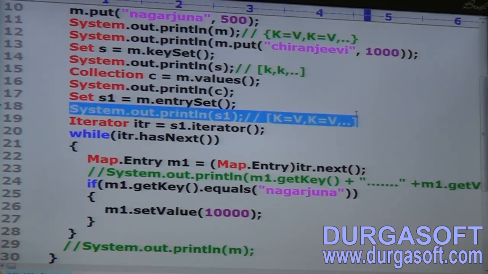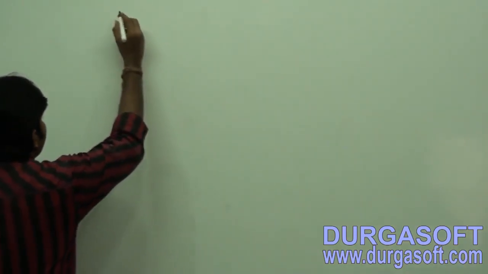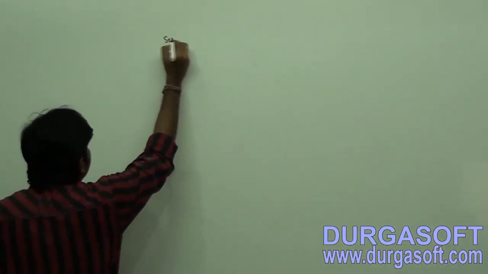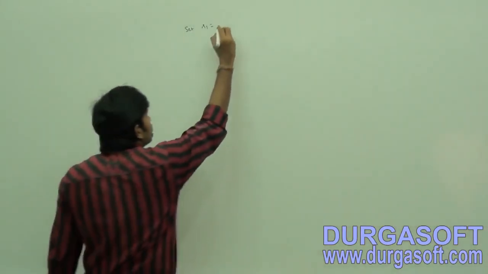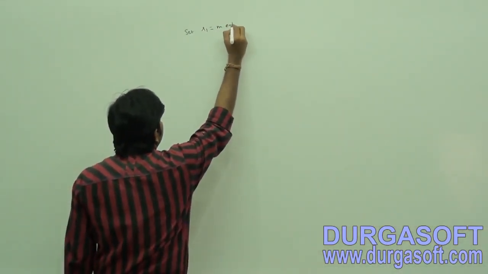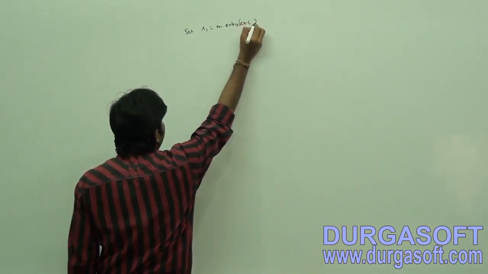Okay, but now just the remaining part, just observe this one. Here, just make sure, remember this point well. Here I am taking set S1 is equal to m.entrySet(). Correct or not?